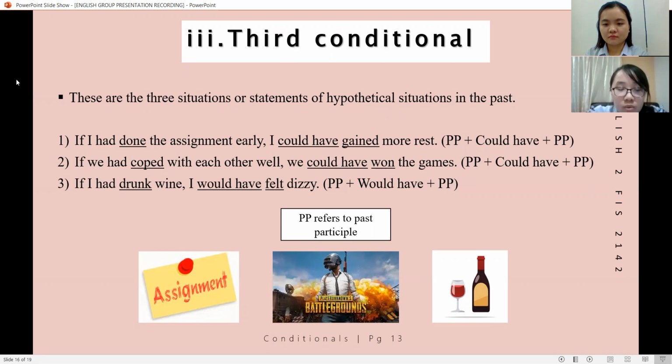The formula is again past perfect for clause 1 and could have plus past participle for clause 2. The third one is, if I had drunk wine, I would have felt dizzy. It also is past perfect for clause 1 and would have plus past participle for clause 2.